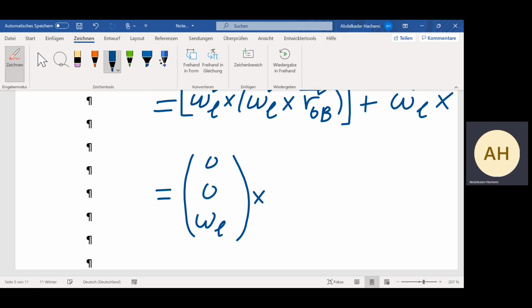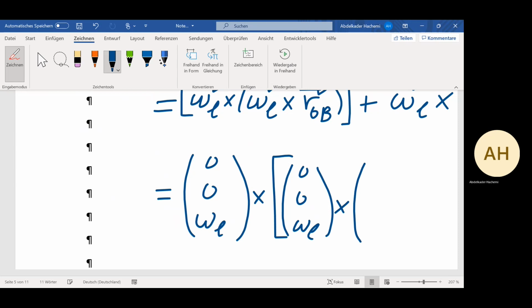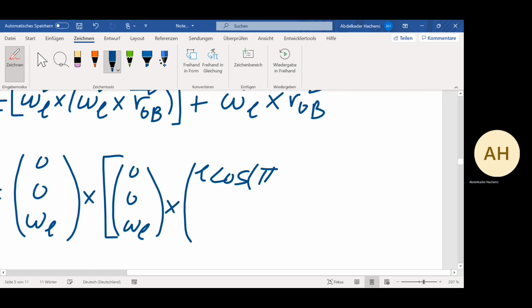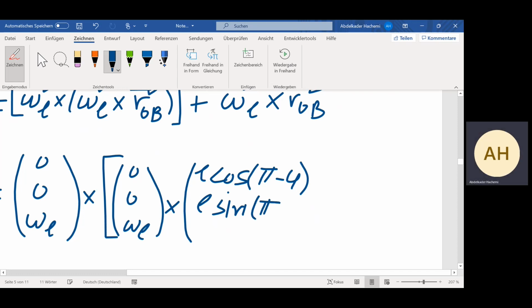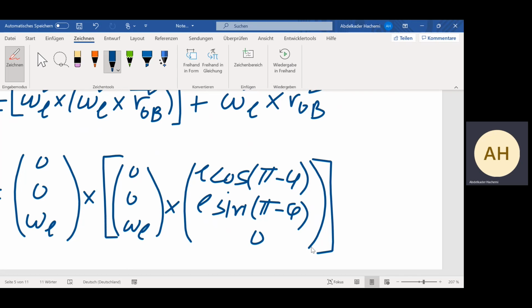For omega L cross 0, 0, omega L cross ROB, ROB is L cosine of P minus phi, L sine of P minus phi, and in the Z direction 0. This is for the first term.